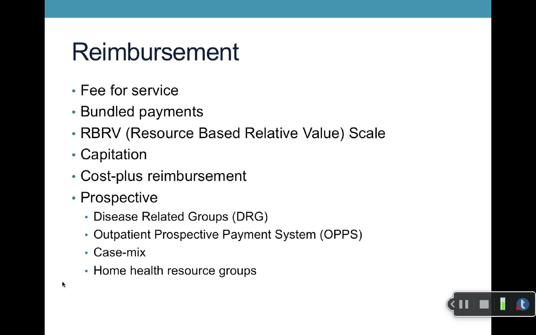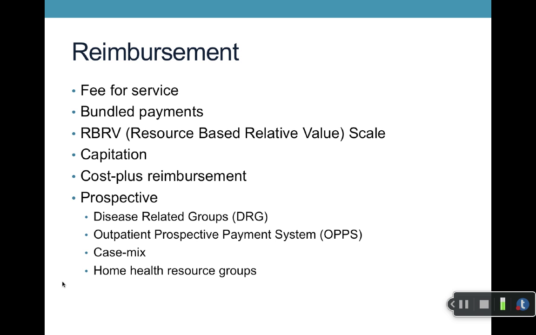We also see a model of reimbursement that is cost plus reimbursement. So what we see health insurance companies doing here is looking at the actual cost of procedures and then making some additional expense to allow for providers and healthcare organizations to be able to cover their other administrative and other costs. So that's a model of reimbursement that health insurance companies have used.